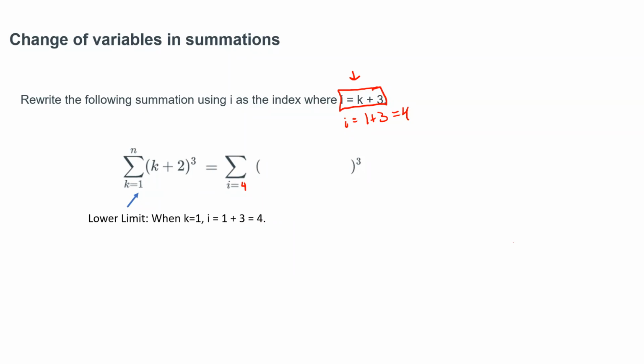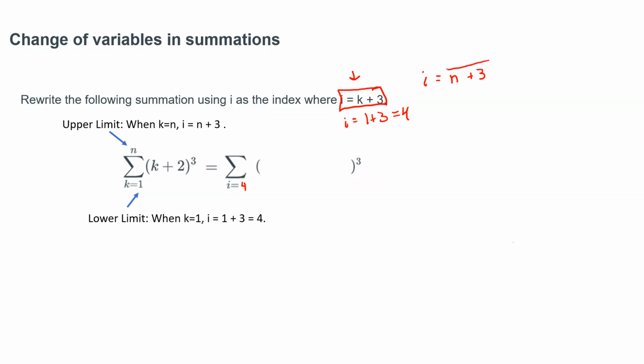Now let's look at the upper limit. This upper limit is N, but what should it be here if we have this relationship? So when K is equal to N, what is I? We want I to go from 4 up to what? When K is N, then I have N plus 3.